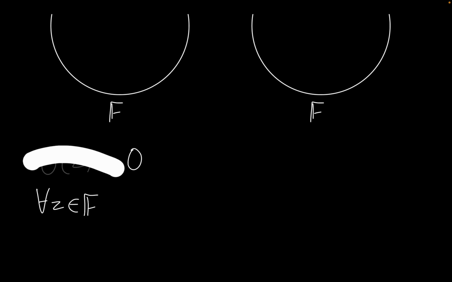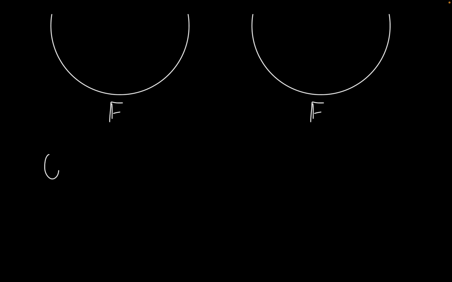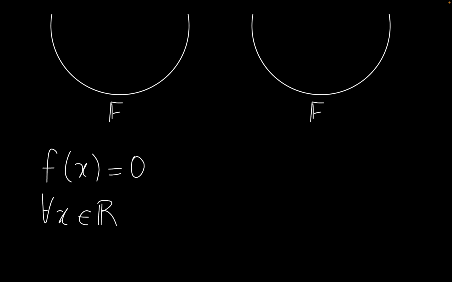If you want to think of this concretely, you can think of R as the field, so we'll have 0 of x is equal to 0. I really want to make sure that the 0 on the left hand side denotes a function, while the 0 on the right hand side denotes the real number 0. But to avoid confusion, let's just call this function f of x. So f of x is equal to 0 for all x in R. That is one example of a function from R to R.